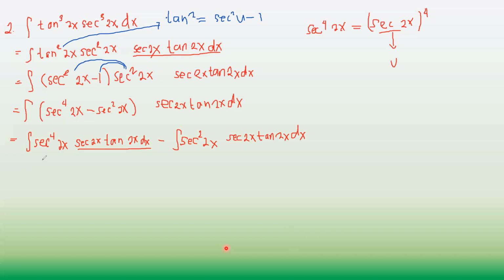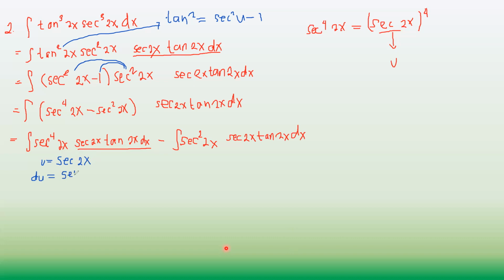So we let u equal to secant 2x. Now differentiating, du is equal to, so ang derivative ng secant u ay secant u tangent u du.